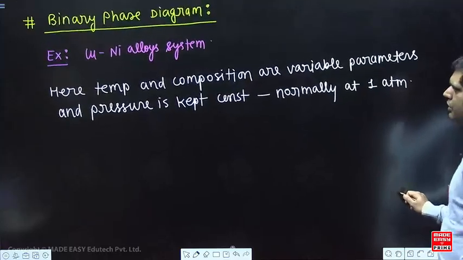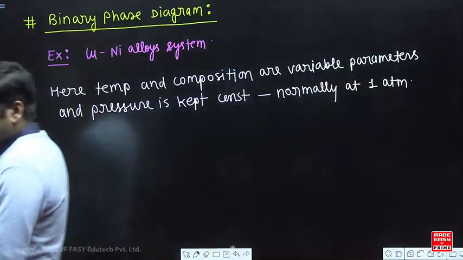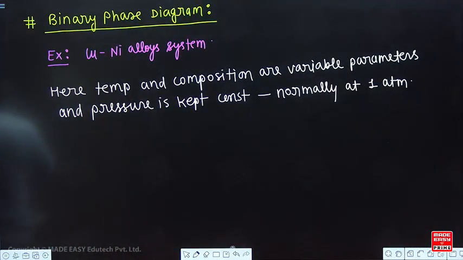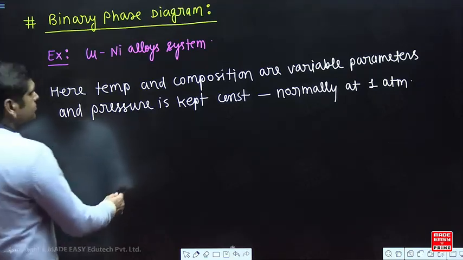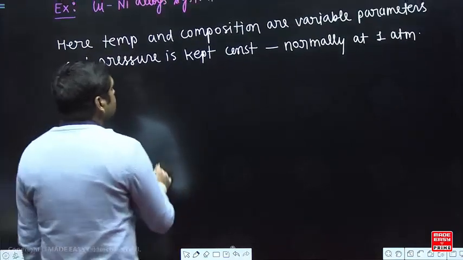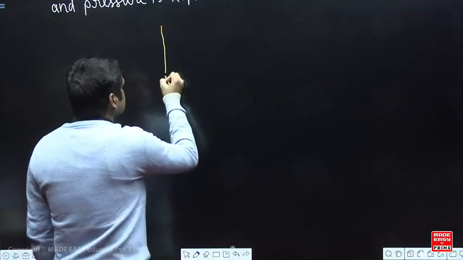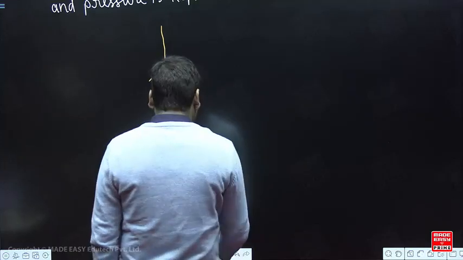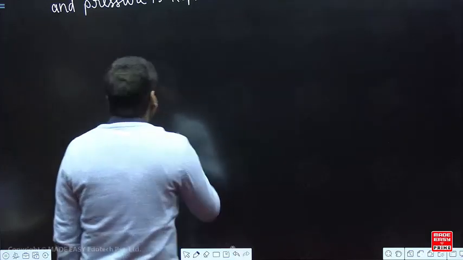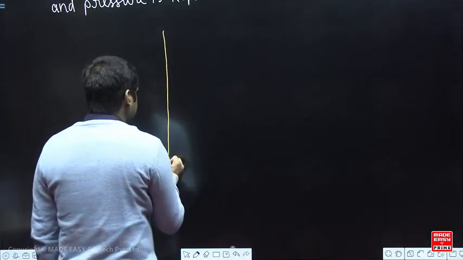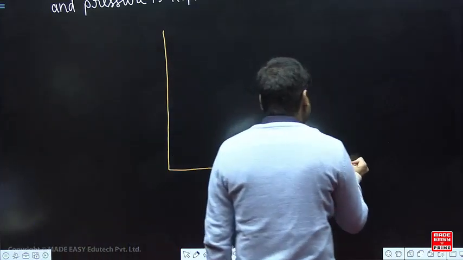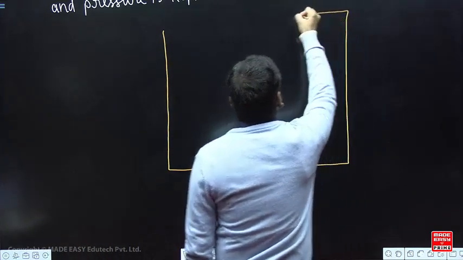So let's try to draw. इतना लिख लो तो एक डायग्राम ड्रा करते हैं। This axis is temperature, this axis is composition, this axis is temperature.